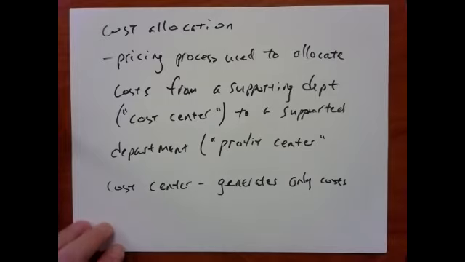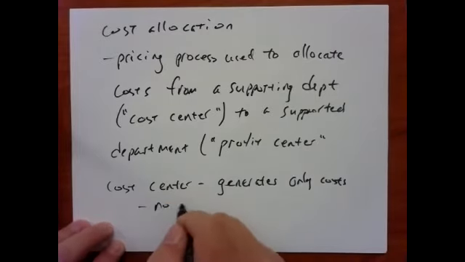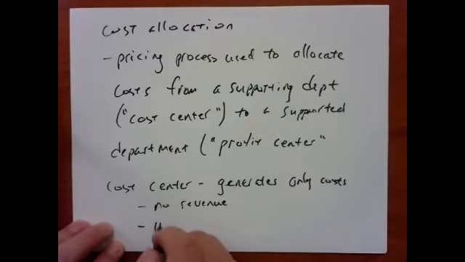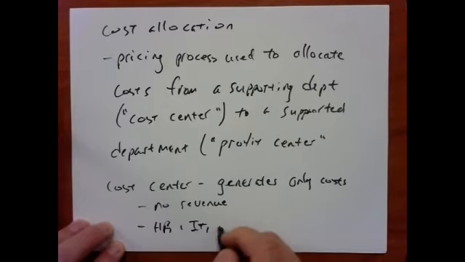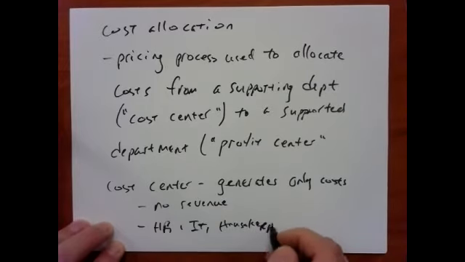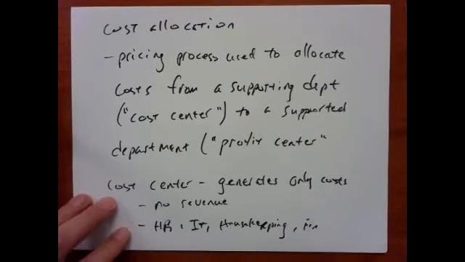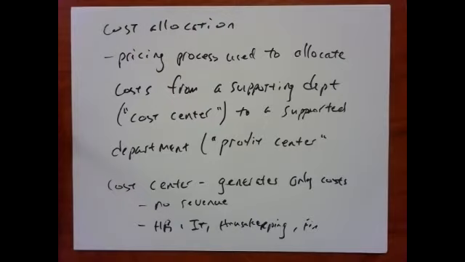In other words, no revenue. Examples: HR, IT, housekeeping, all the things we just had on our list a minute ago. Finance. Finance may send out the bills, but it doesn't generate anything that anybody wants to pay for.